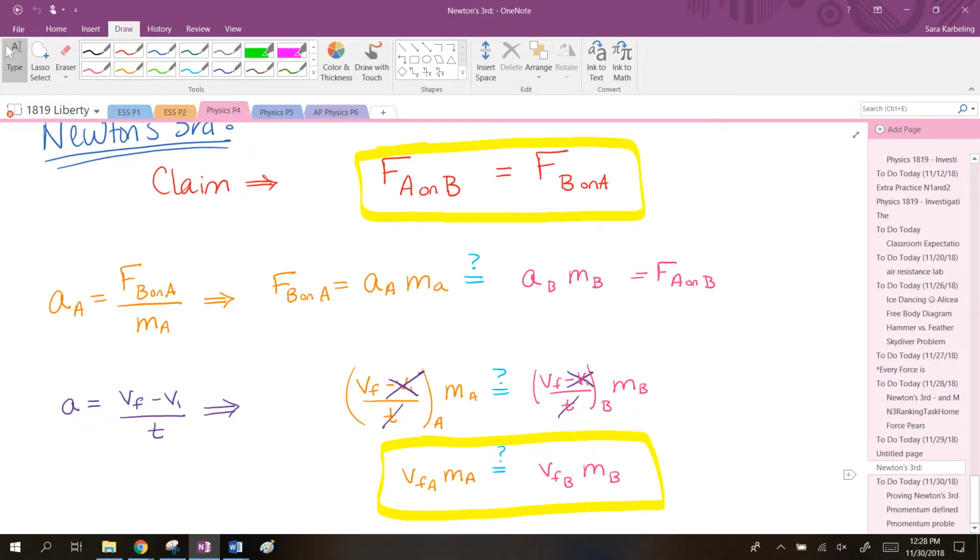You can have two things moving before they interact, and they can move after they interact, and they still have a force between them, and by golly, that force is still the same between them. Are you with me there? Okay. So I'm going to take this thing right here and I'm going to rewrite it, and I'm going to show you how beautifully this works.